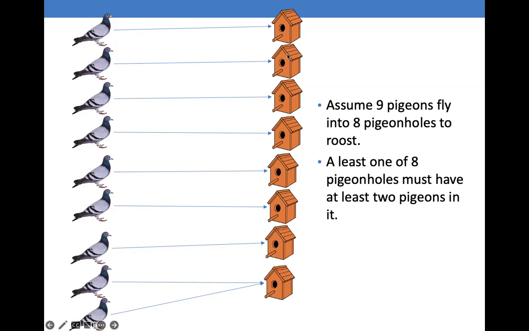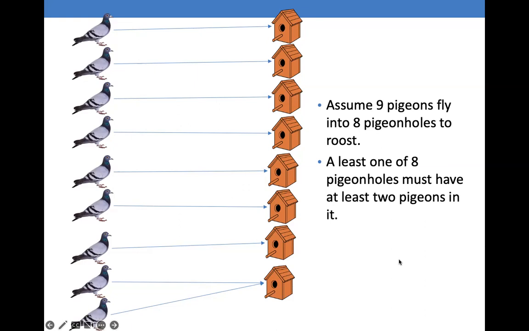But as we have mentioned, we have more pigeons than pigeonholes. So where are we going to put this extra pigeon? This extra pigeon can be put in this pigeonhole, or maybe this pigeonhole or this one. So by the pigeonhole principle, again, at least one of these 8 will have at least 2 pigeons in it.